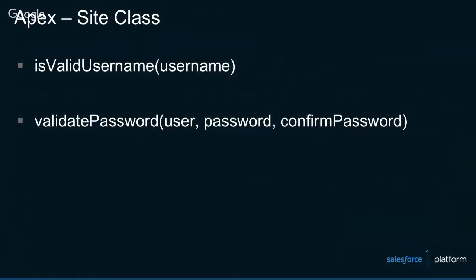Well, now you can call this method in the API, pass in the username, the password, and the confirm password, and it'll validate whether that password is okay, and return true or false. There's also another method where you can get back the current password configuration.